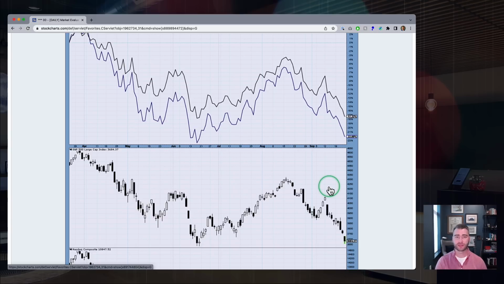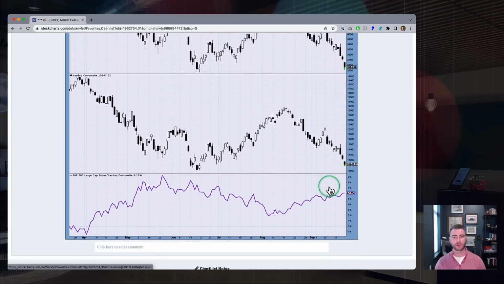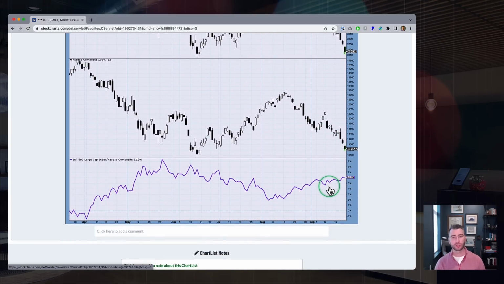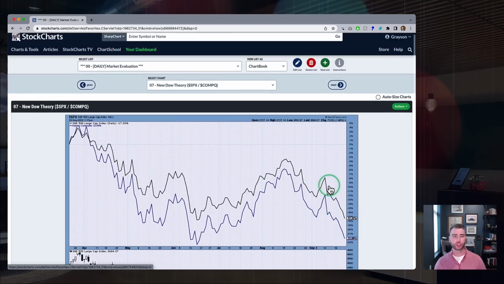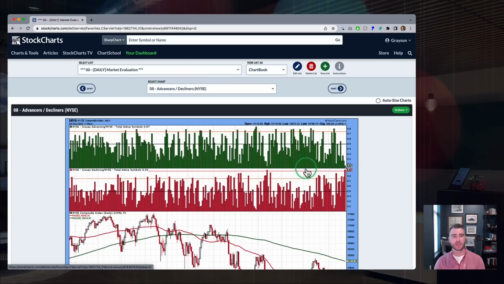This is something that I picked up from him quite a while ago, incorporated it into my daily review. But it's nice to have these charts on here as well, taking a look at some of those classic indexes and some of the most important indexes for the current markets. We can put those on one chart, on one screen, flip through those as well, Dow theory and what we call new Dow theory.